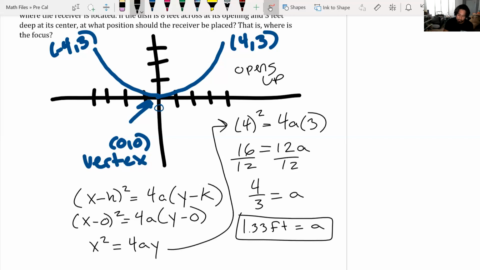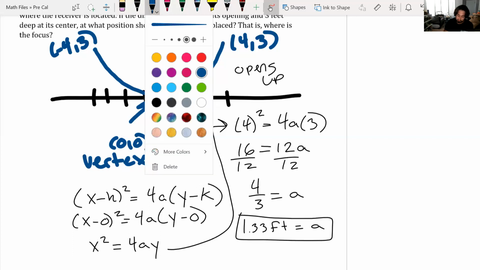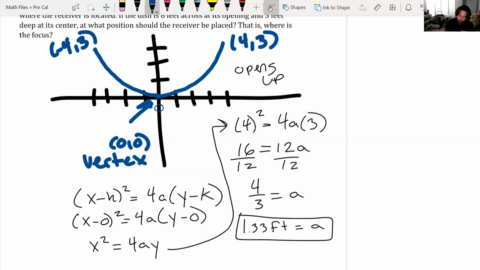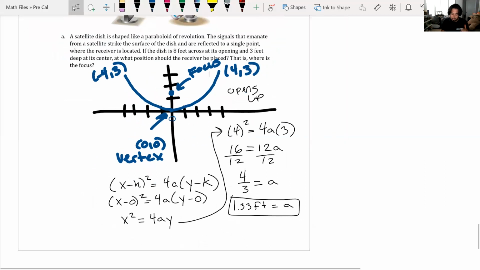Okay, which means if I were to plot that on my graph, there's 1, so right around there would be the focus. Or in this case, the receiver.